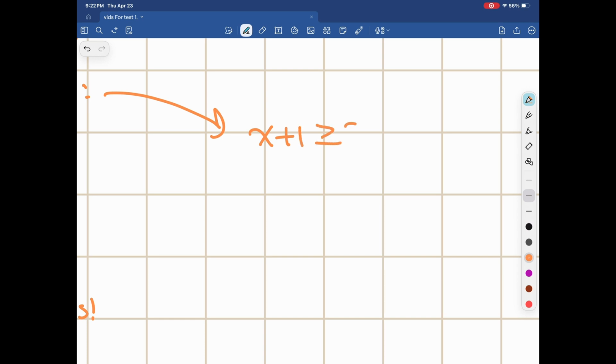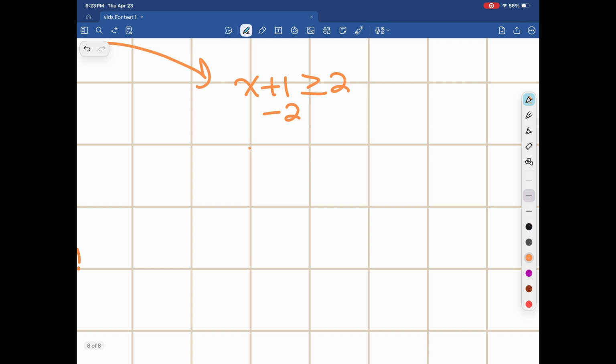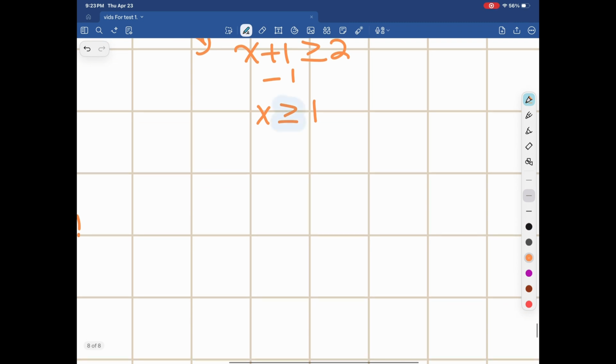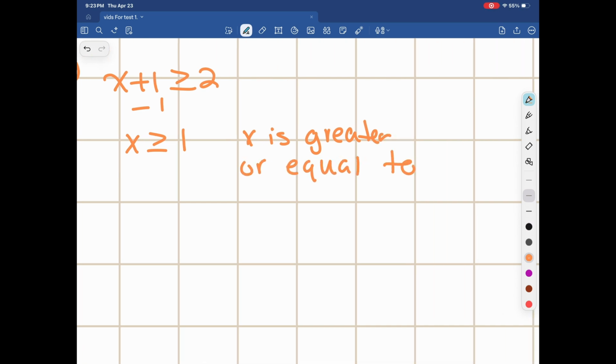We subtract 1, and x is less than 1. I like to write out a statement. It's much easier to understand.